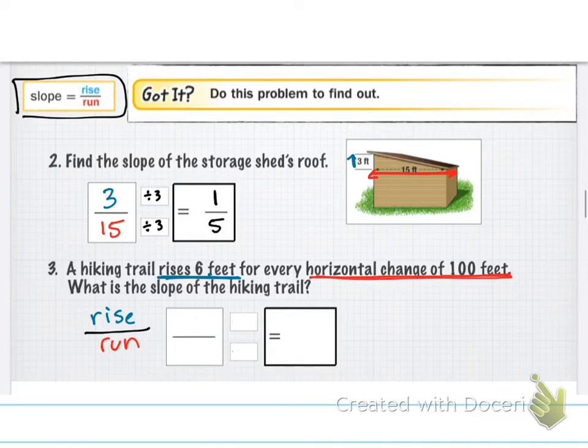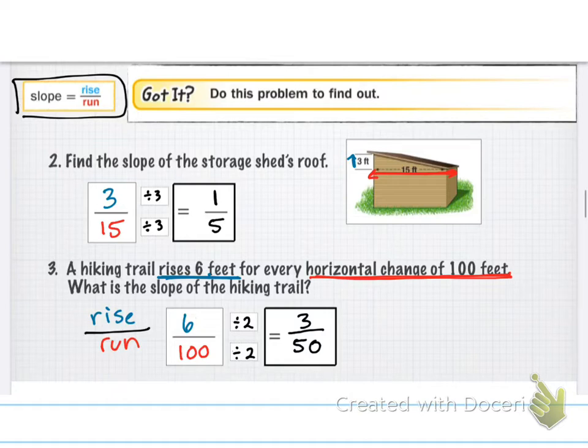So we have our rise over run. So 6 feet is going to be our rise, and our run is going to be that 100 feet. Okay, let's go ahead and simplify that. Let's divide by 2 on both the numerator and the denominator, and we get 3 over 50.